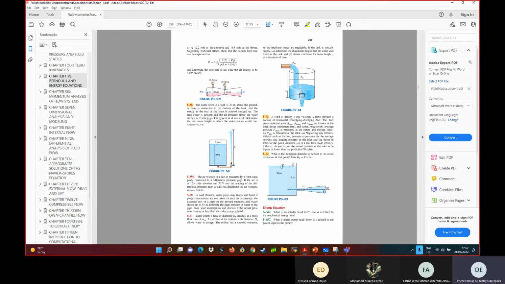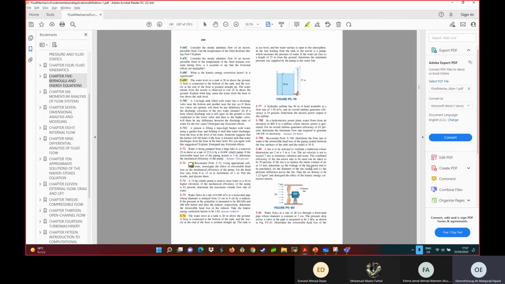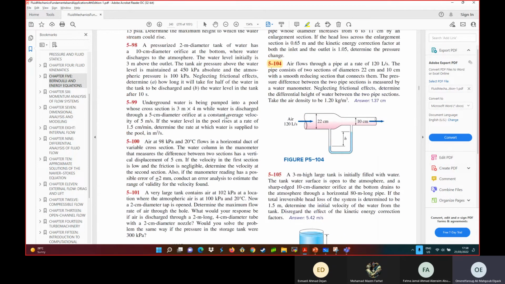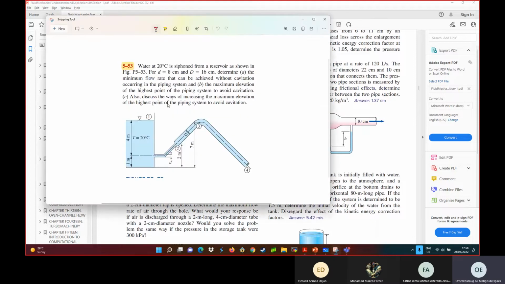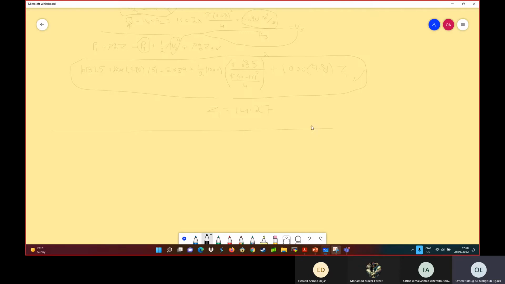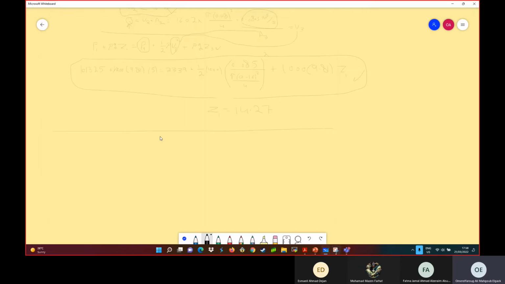Okay, so let's solve this question. This is also related to cavitation, or let's solve this one. Okay, let's solve. This is also, I think, in your homework.